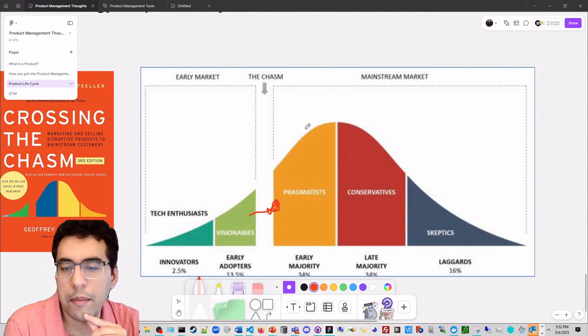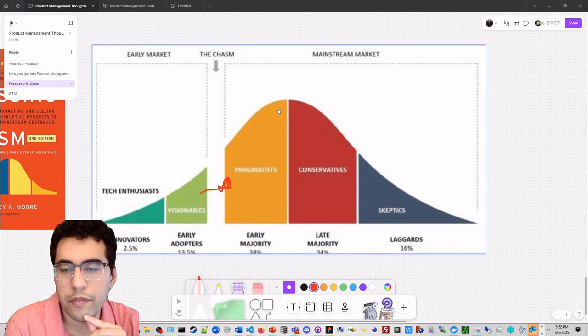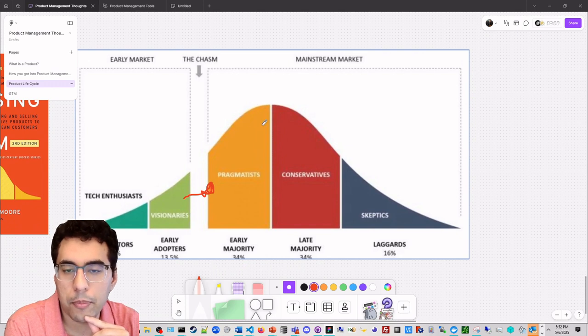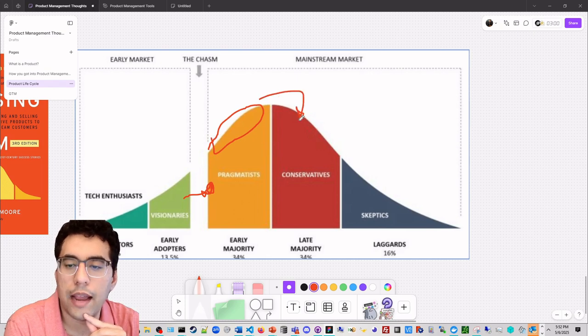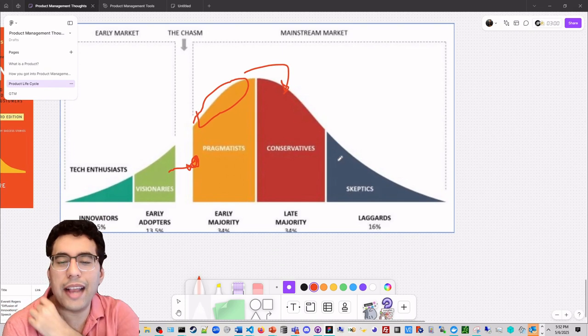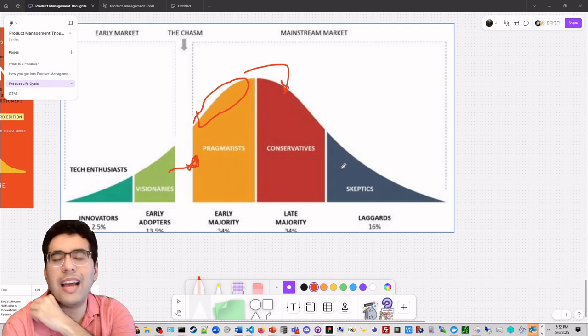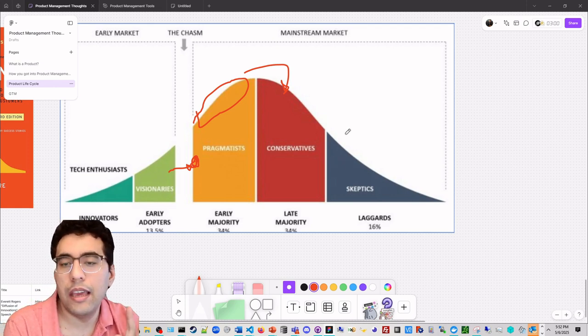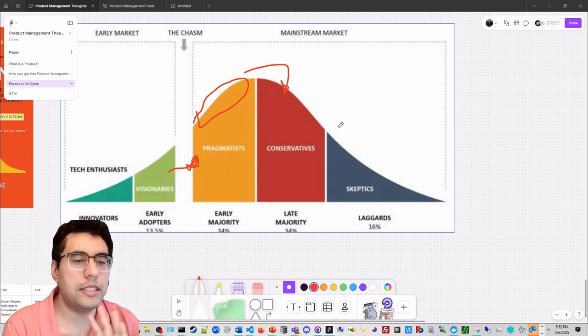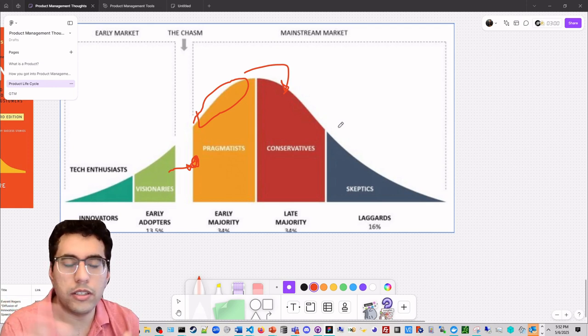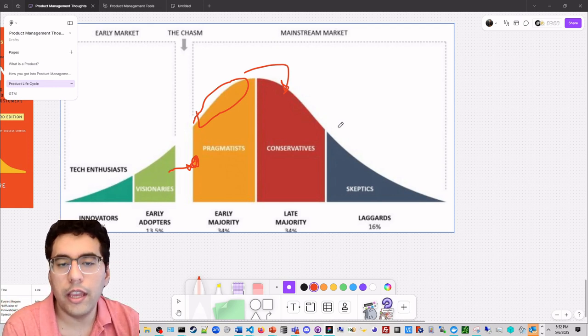But over time, conservative groups will not adopt the product, but they'll need to see other companies use the product first before they go to buy, right? And then finally, you have the laggards. There are people who are just not going to buy the EV until EVs have all the bells and whistles. They're cheap and affordable. They'll wait until the product is fully developed and mature until they start buying.